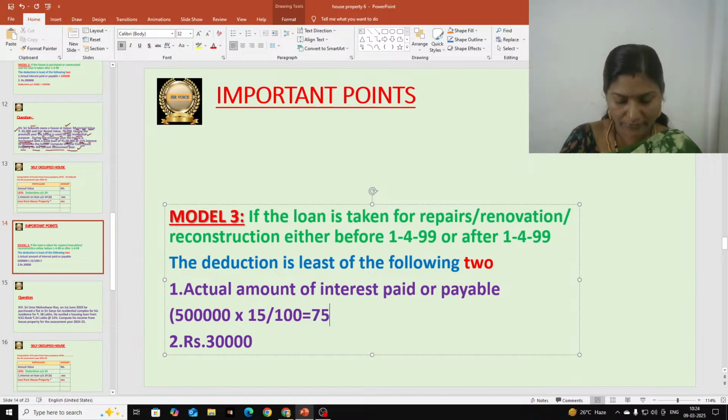That is the interest on loan paid or payable during that year. I will write here 75,000.